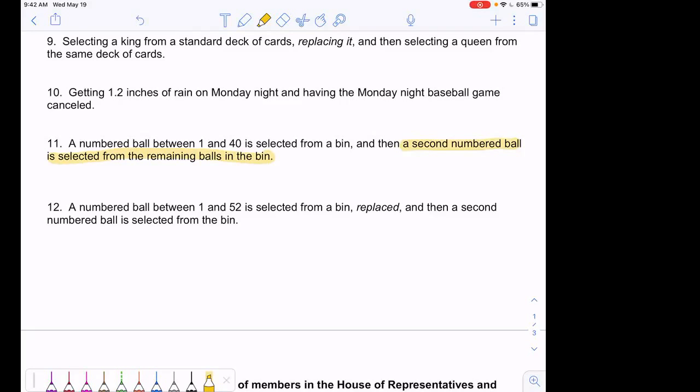So does taking out the first one change the number that is remaining? Yes. So Haley, if that changes, is it independent or dependent? Right, that is dependent. And you could say that the number remaining has changed.